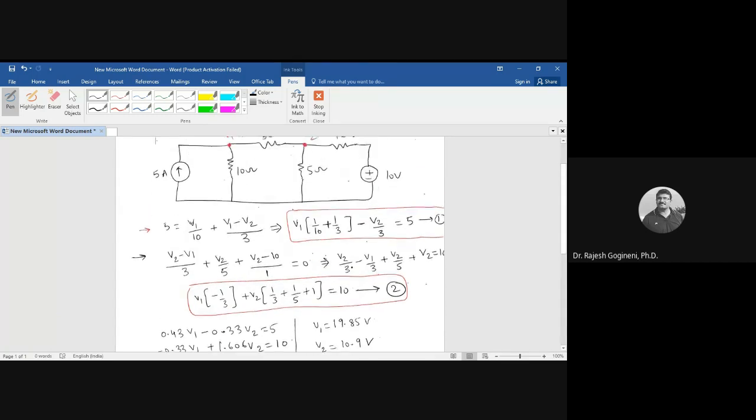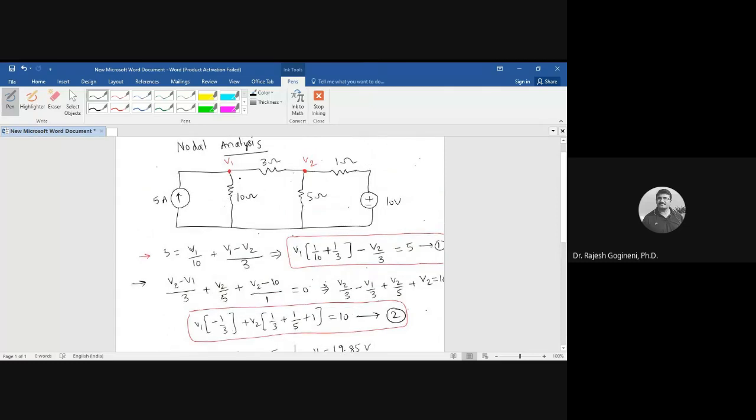Assume the currents. Here the current flowing through the 3 ohms is I3, this is I10, and similarly here I1, this is I5. Like that you find all the currents. How to find the currents?